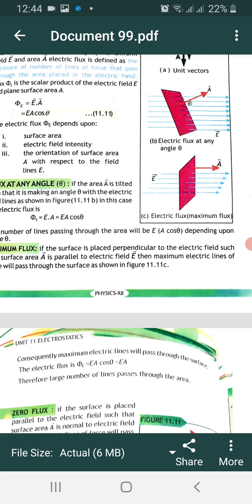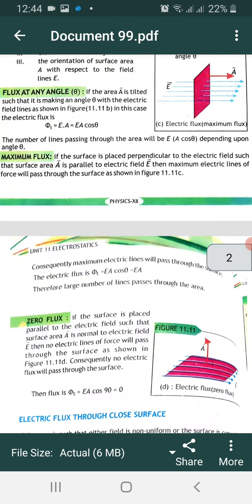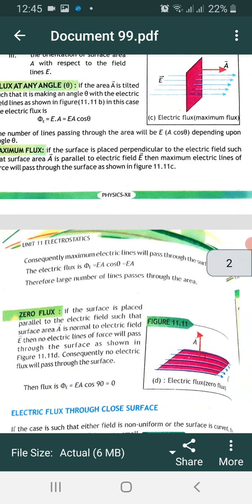So when theta is 0, cos 0 is equal to 1, from the trigonometric expression. So the mathematical expression for the maximum electric flux is simply the product of electric field intensity multiplied by the surface area. Therefore a large number of lines pass through the area. So this is the maximum value.